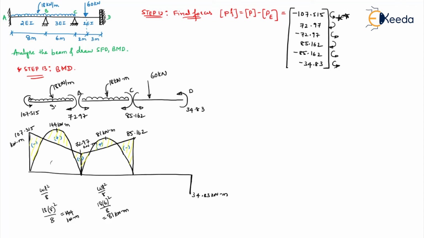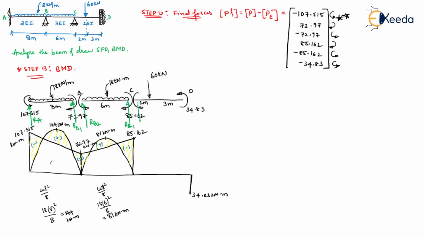The spans are 8 meters, 6 meters, then 2 meters and 3 meters. Now reactions. I'll put the reactions in a different colored pen. So this is your RA, here it will be RB1, and here RB2 coming here.